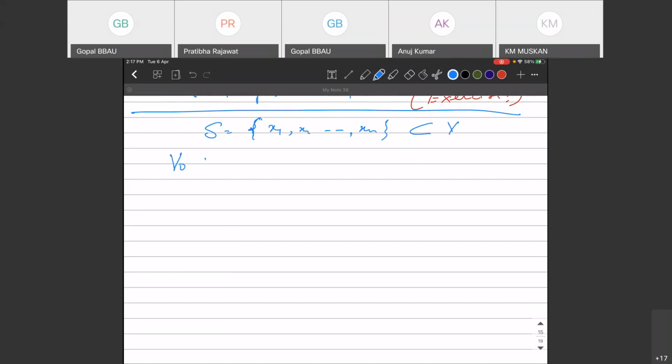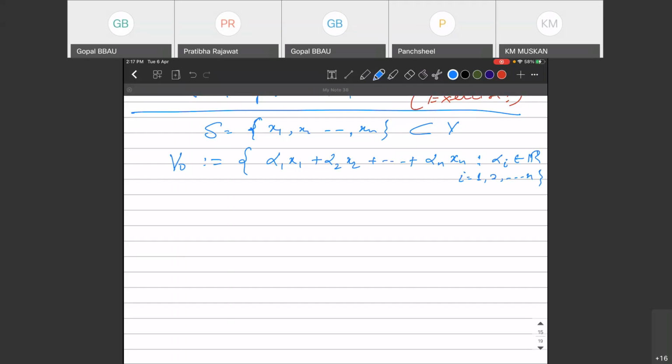Now what we do, we take all scalar multiples of x1, all scalar multiples of x2, and sum them up. Okay, we take the sum. Here this alpha i belongs to R, where i is 1, 2, ..., n.